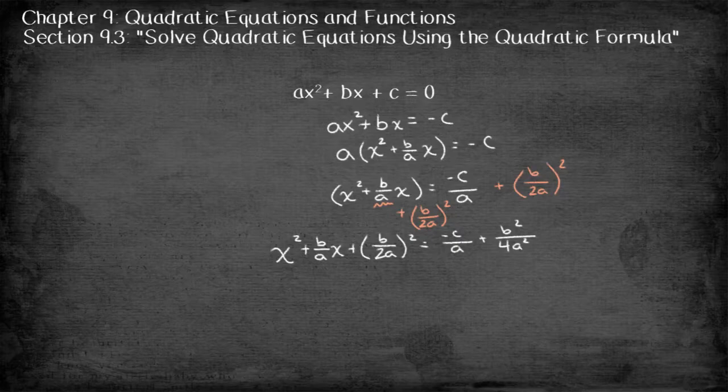All right, to add the fractions on the right-hand side together, I need a common denominator, and it doesn't really matter what the common denominator is, so long as it is common. So I don't know what the least common multiple of a and 4a squared are necessarily, but that's okay, because I can just multiply the first fraction by 4a over 4a.